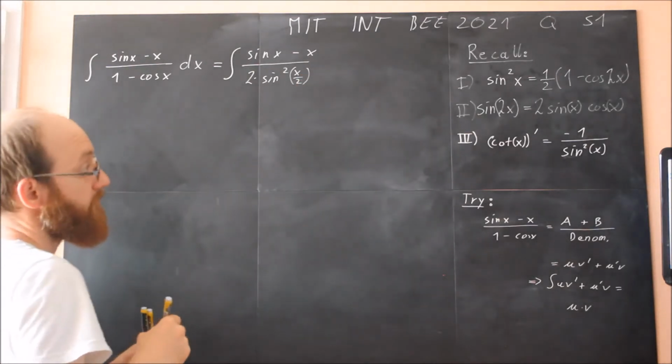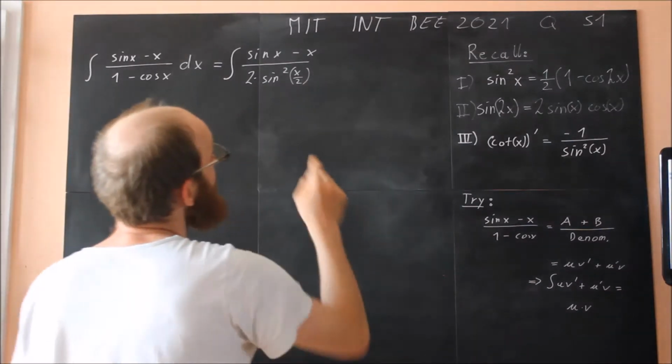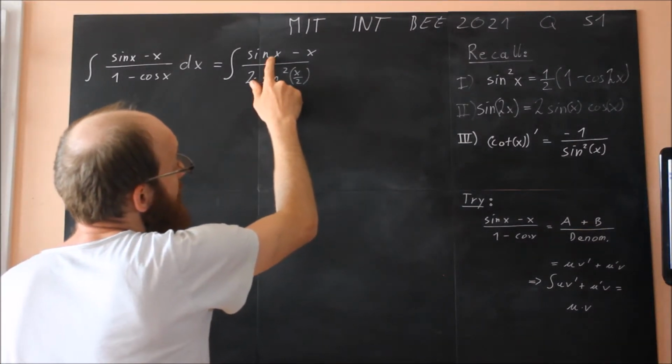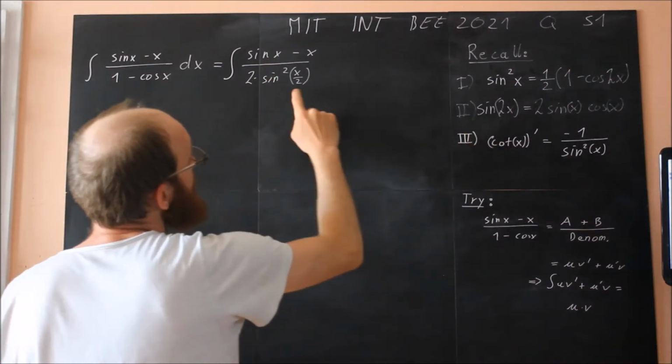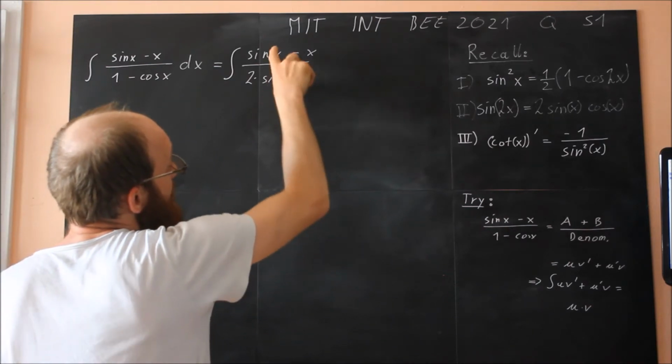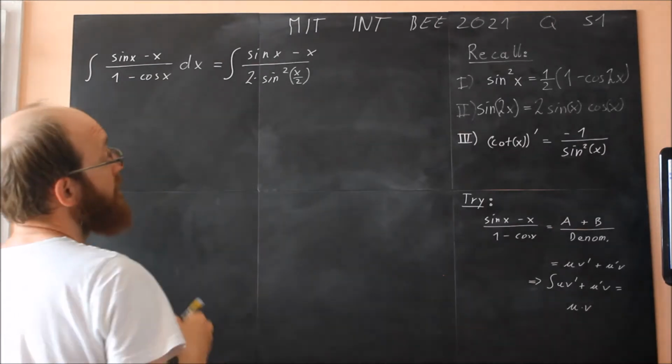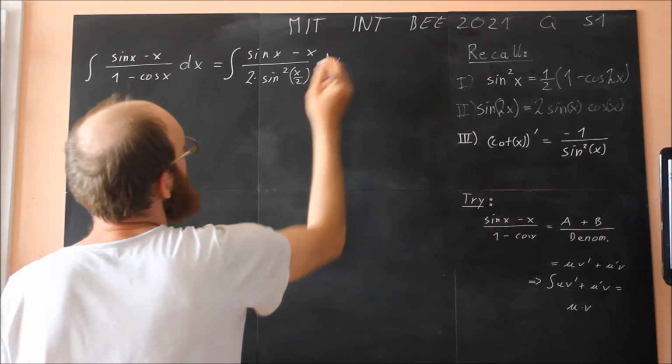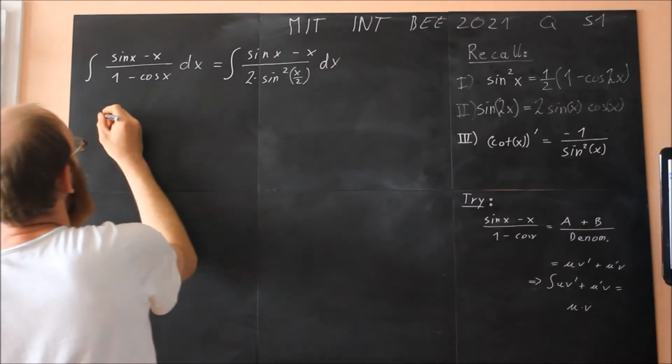Next, I want to use the double angle formula for the sine to make the arguments in the same form.